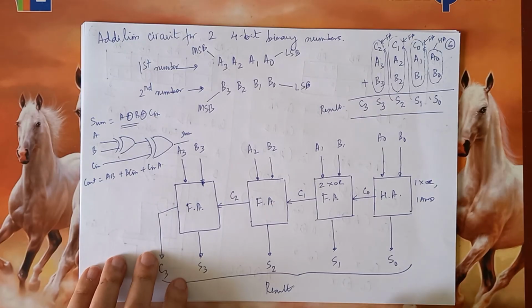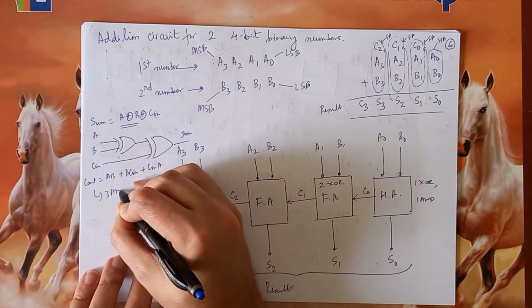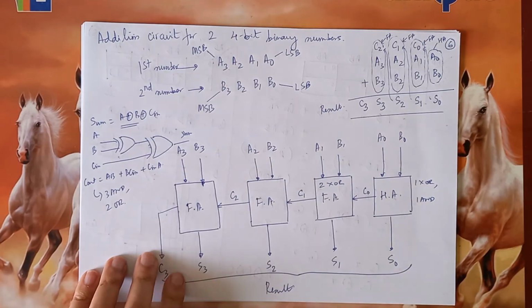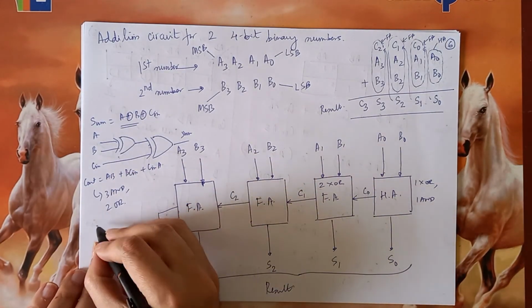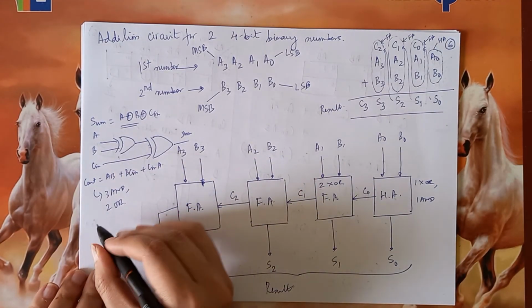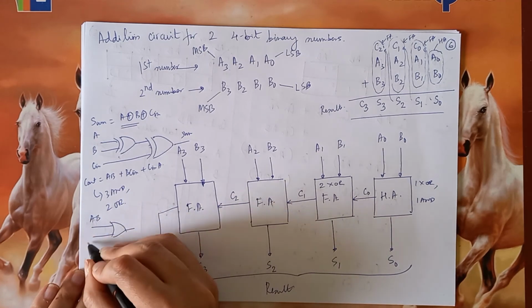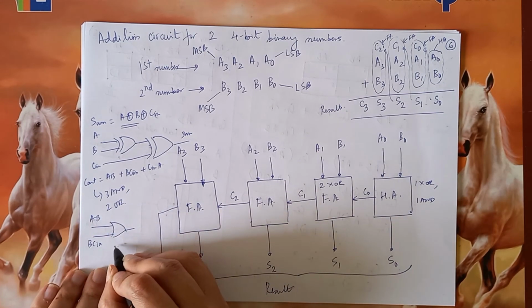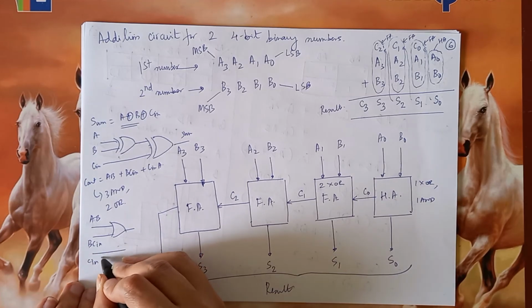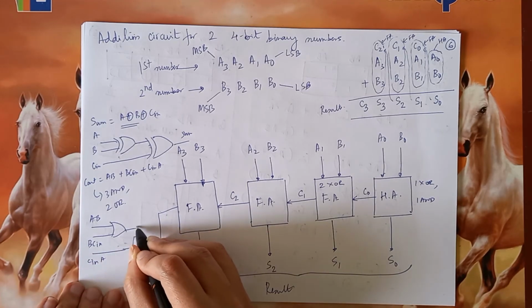So again, in terms of 2 input gates, it would be 3 AND and 2 OR, because the OR would look like this now. So this will be AB, this will be BC in, and the third input, that is C in A, could be ORed in this manner.